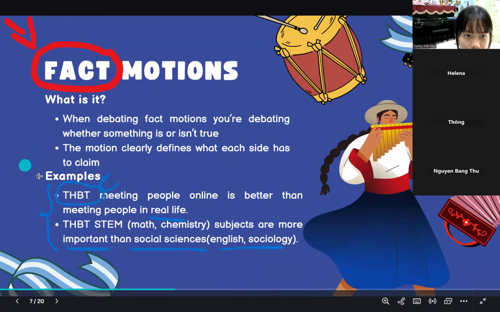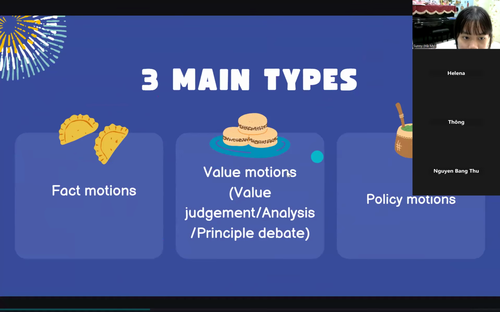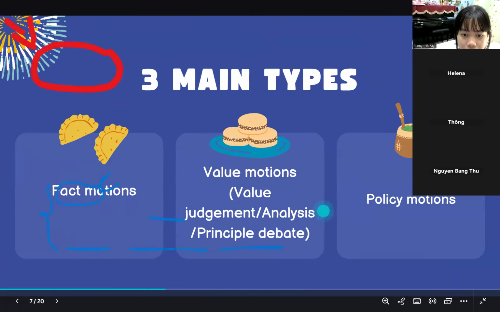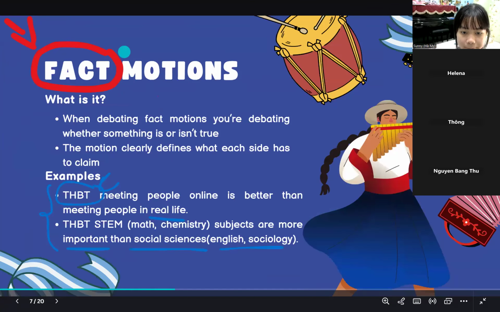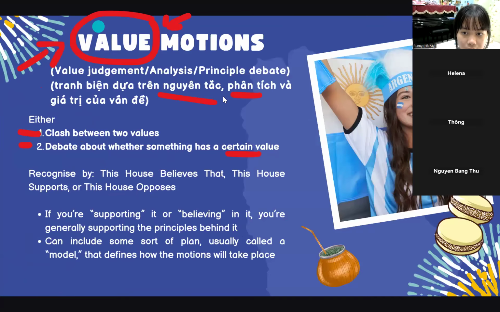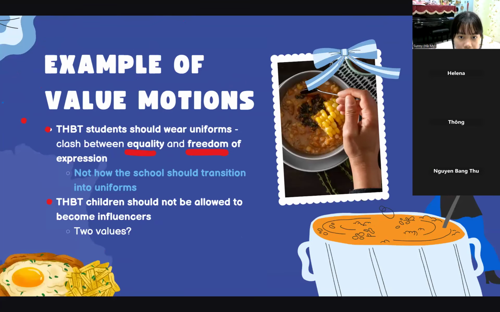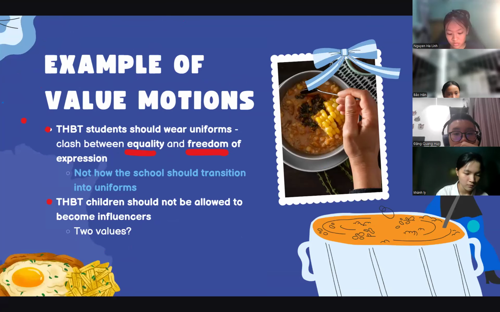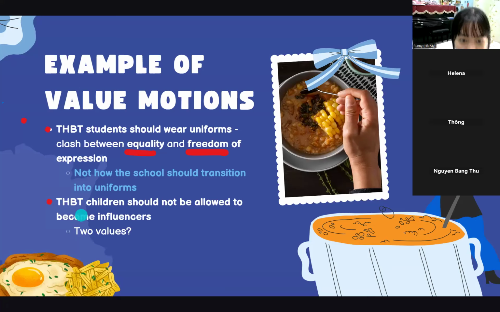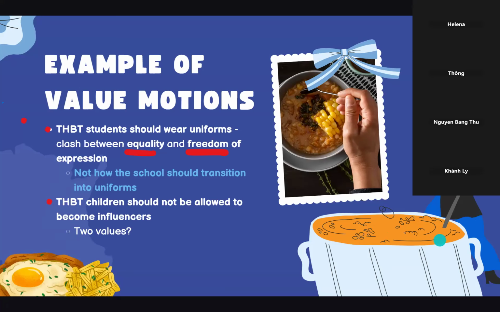So we have three types of these, and we finished this one. Fact, something which is true or not true. And we are just going to the second kind of motion. Okay, so if you have any question, you can ask me in the chat. All right. So any of you have any different answers for this?